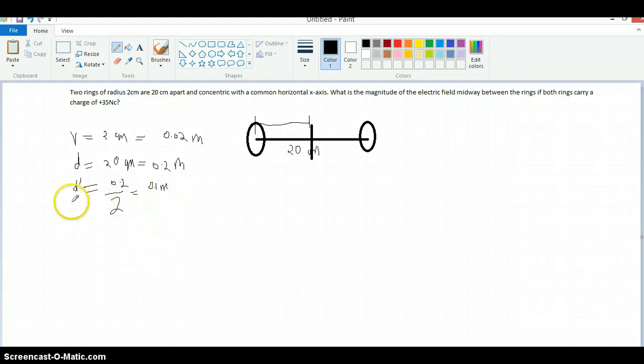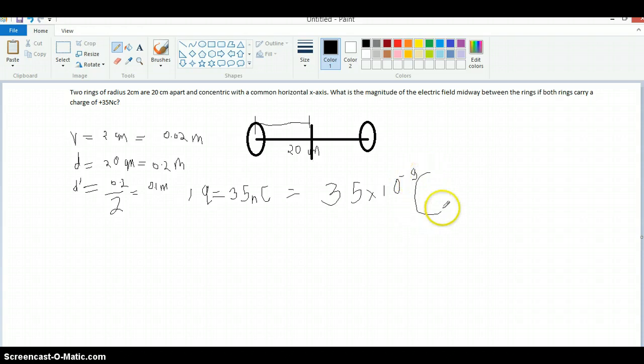We're given the charge for both of the rings, which is 35 nanocoulombs. If we convert it into the SI system, it's going to be 35 times 10 to the negative 9 coulombs. So that's our charge.